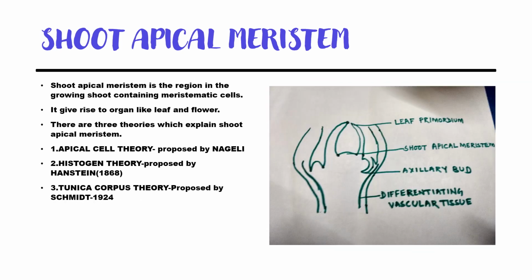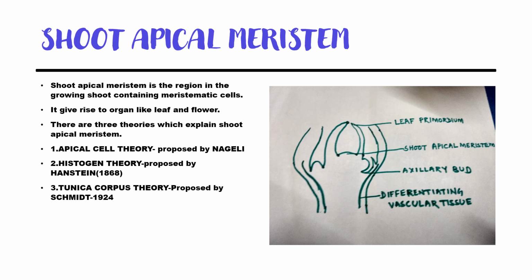Now, the second thing we are going to read is the shoot apical meristem, also called SAM. Shoot apical meristem region is the growing part of the stem which contains meristematic tissue. It gives rise to the leaf primordium, and also to the flowers. The shoot apex is modified to give the flowers.